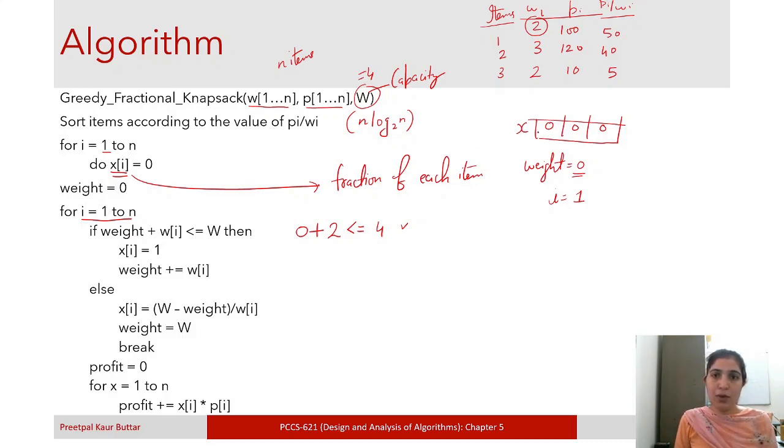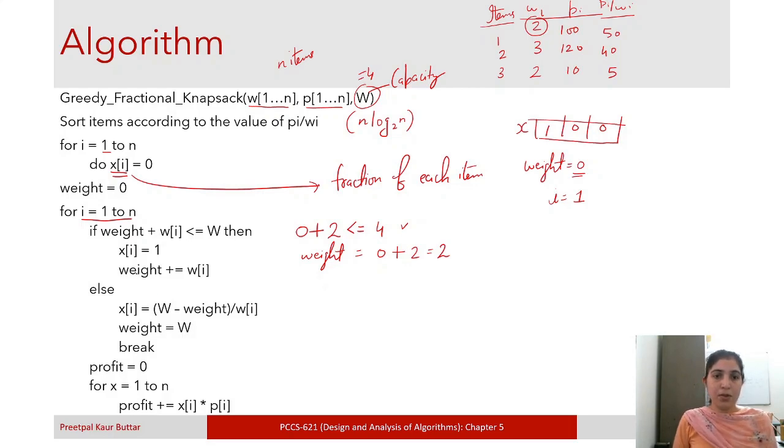So what will we do? We will make xi equal to 1. It means we are picking 100% of item i. And now the weight of the knapsack will increase. Weight is equal to weight plus weight of item i, that is 0 plus 2. So now the weight becomes 2.